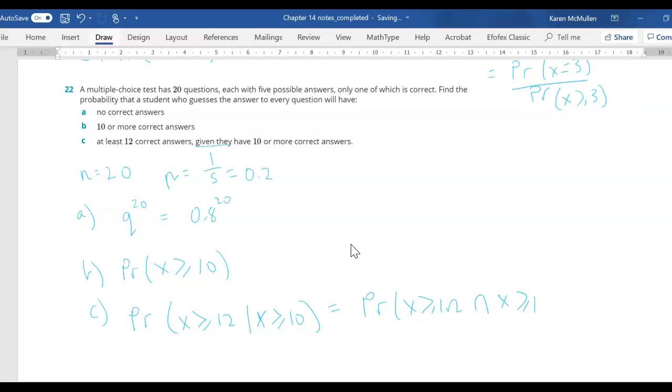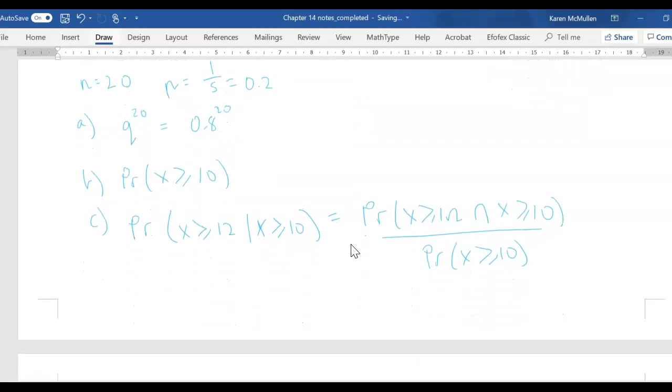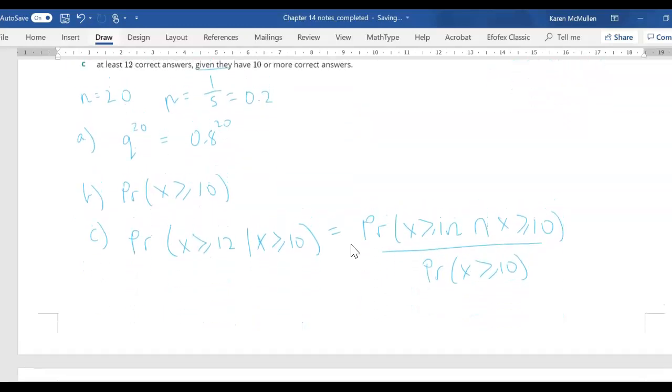X is greater than or equal to 10 over the probability that x is greater than or equal to 10. All right, so your numerator, what we have on the top is, well, what does x is greater than or equal to 12 and x is greater than or equal to 10 have in common?